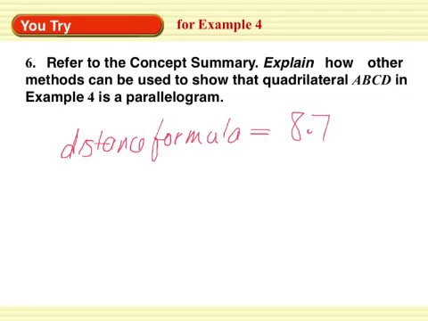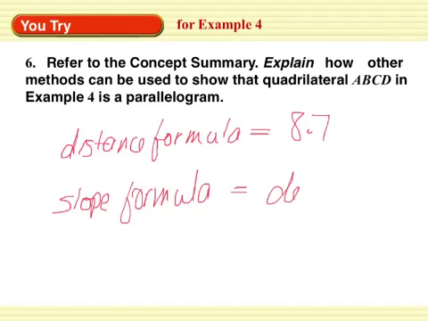We could have also done the slope formula on all of the opposite sides to show that the opposite sides are parallel. And that would have been, oh, that's just the definition of parallelogram.